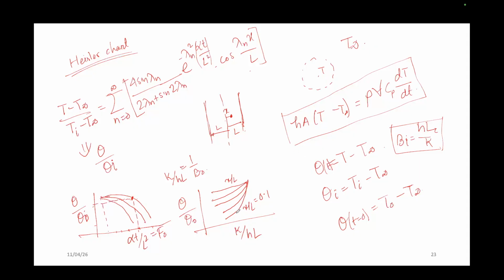So corresponding to a given Biot number, you can draw a vertical line. The point where this vertical line touches this value will be your desired point. At this point, if you draw a horizontal line, what will you get? The value of theta. So accordingly, you can find temperature, right?